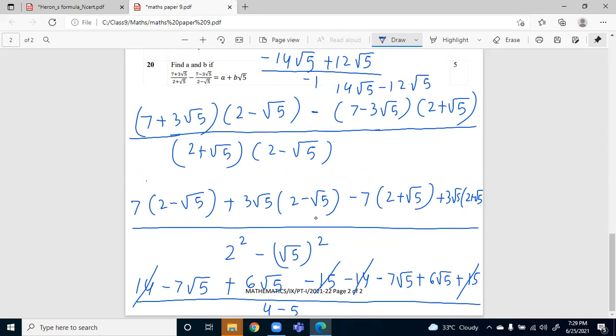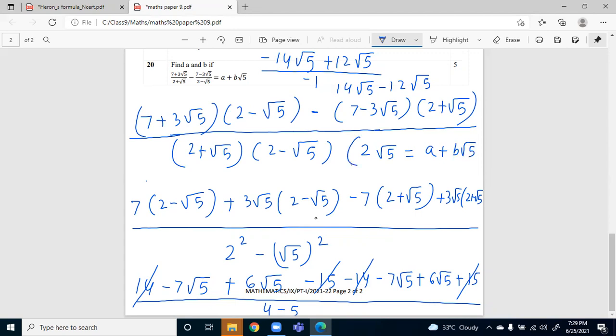Now, 14 root 5 minus 12 root 5 is how much? It is 2 root 5. So now I am equating it to the right hand side, that is a plus b root 5. Now you can see there is no a term here.